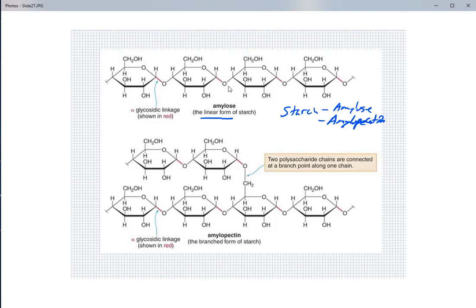And the thing about amylopectin is it contains alpha 1, this is carbon 6, and it contains alpha 1,6 branches. So amylopectin is branched, right? It's the branched form of starch. Amylose is not. It's not branched.